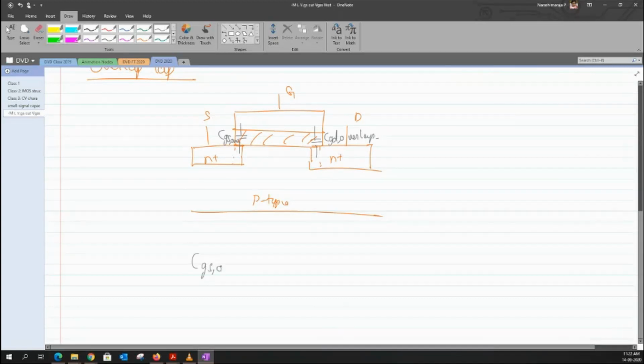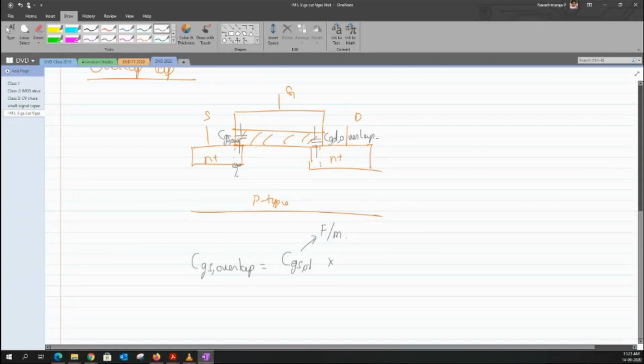Now let us evaluate this overlap capacitance. I'll take only CGS, because both quantities are the same. This capacitance is derived from a specific formula using CGS-OL, a capacitance in terms of farad per meter. Generally, the width of this overlap is specific to the foundry at which we are working, so we don't have any control.